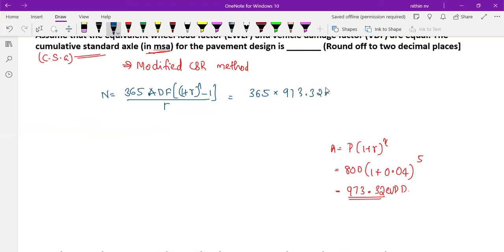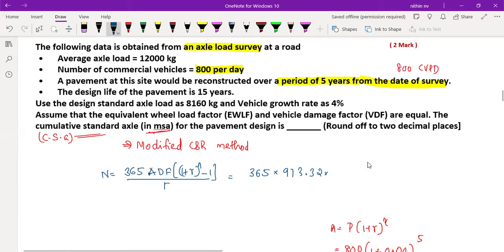Now the next thing is D, which is nothing but the vehicle distribution factor, lane distribution factor, we can say. That depends upon the number of lanes on the road. But here they have not given the number of lanes. So in any question, if the number of lanes on the road is not available, generally we assume the number of lanes on the road as 1, or it's a single lane road, right? 1 lane or single lane road.